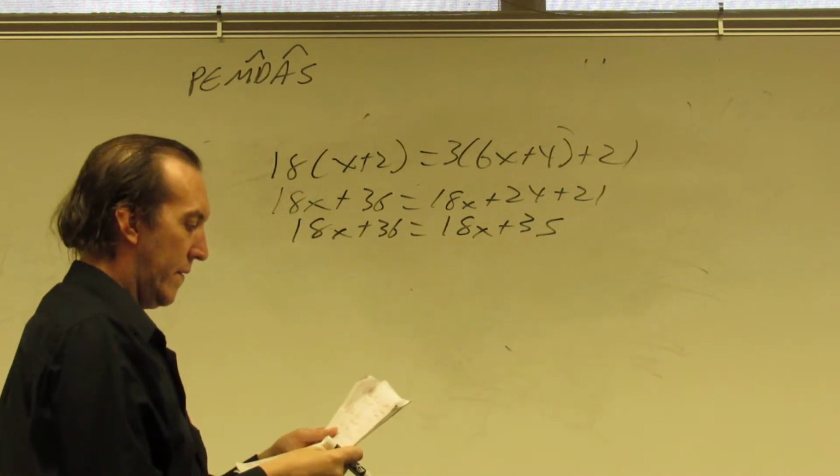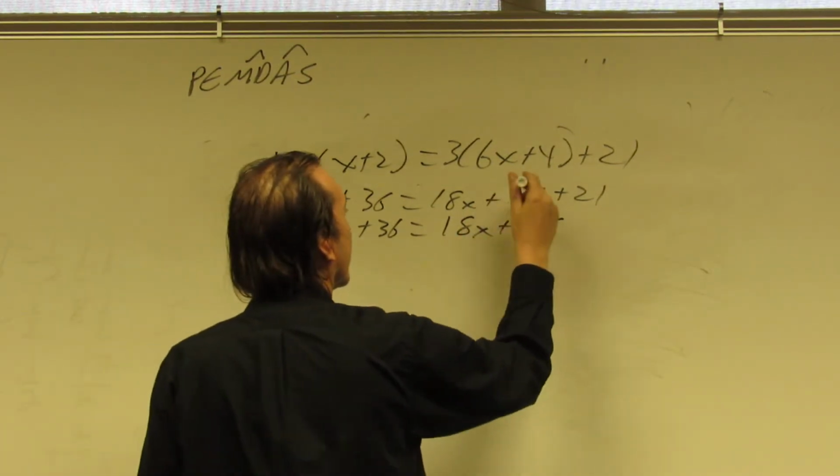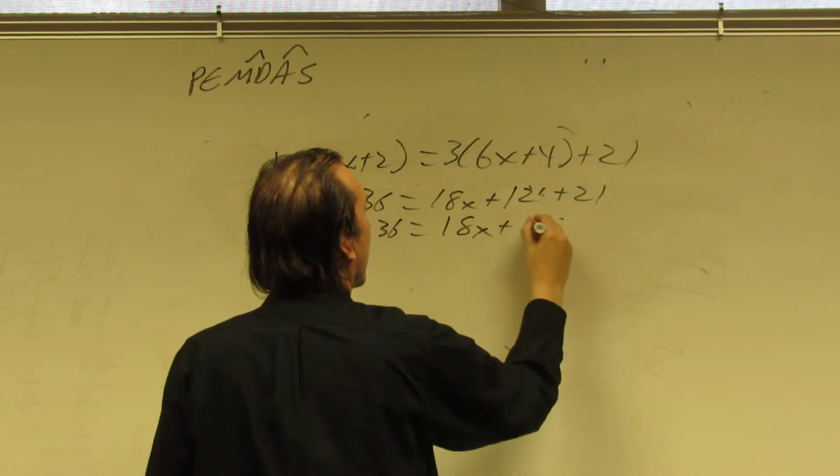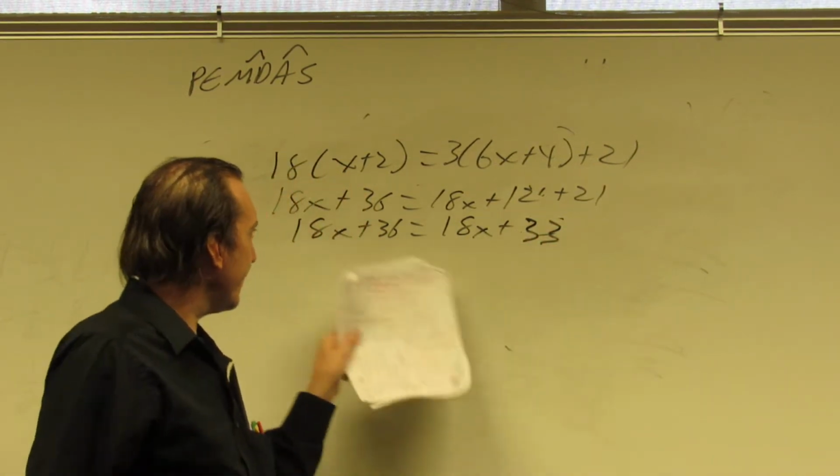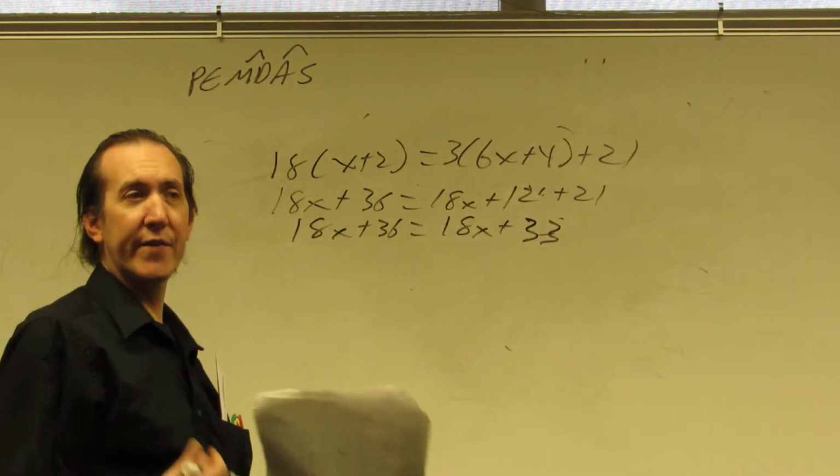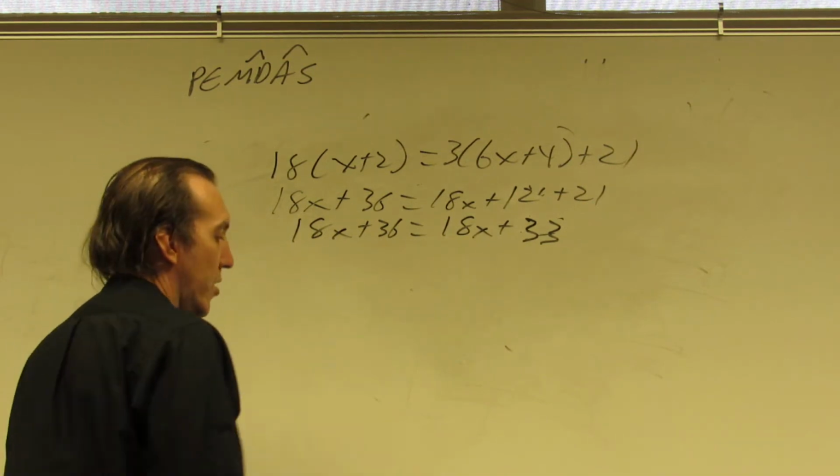And, wait, 3 times 4 is 12, sorry. 33. Since the 33s are different, now we know that it's no solution.